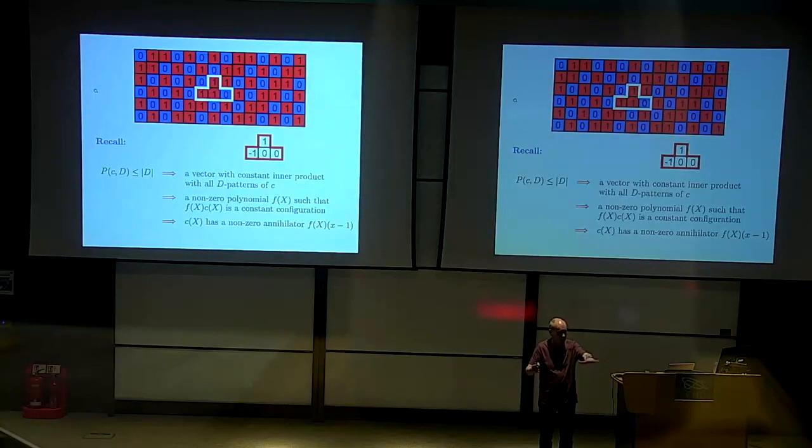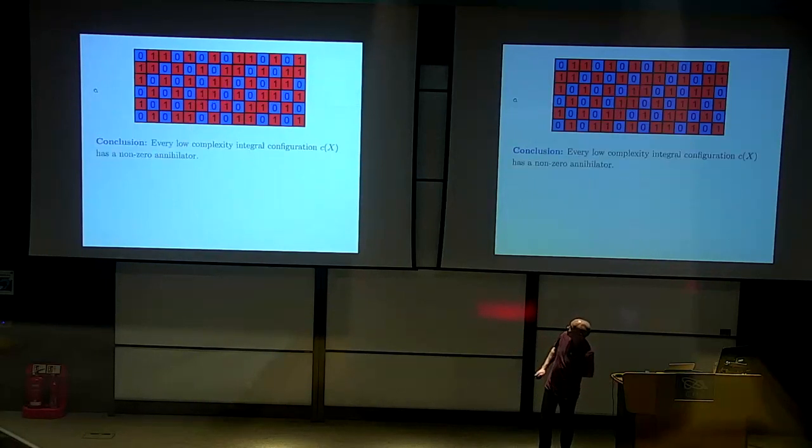I mean, shift and subtract, you get 0. So we see that you get an annihilating polynomial. So every low complexity configuration has an annihilating polynomial. That was what I wanted to get from here. You have a non-trivial annihilating polynomial for every low complexity configuration.